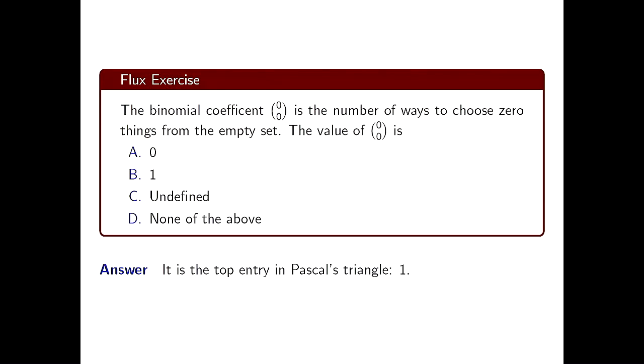Whether you believe that or not, I don't know. But anyhow, the other two are probably good enough reasons. So 0 choose 0 is 1. And in fact, of course, n choose n is 1 for any n, right?